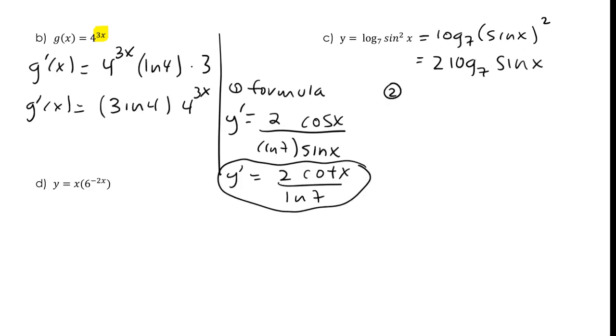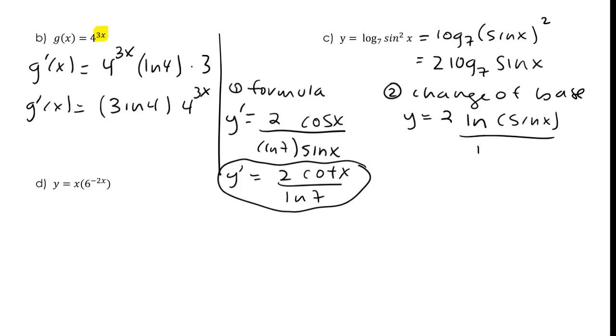Again, if you find that you're having issues and you don't know where this goes with the formula, if you forget to put it on the bottom, change of base is a good alternative. So what you do first is you copy the problem over, and 2 is our scalar, and then it's natural log of whatever follows the log, so in this case sine, over natural log of the base, which is 7.